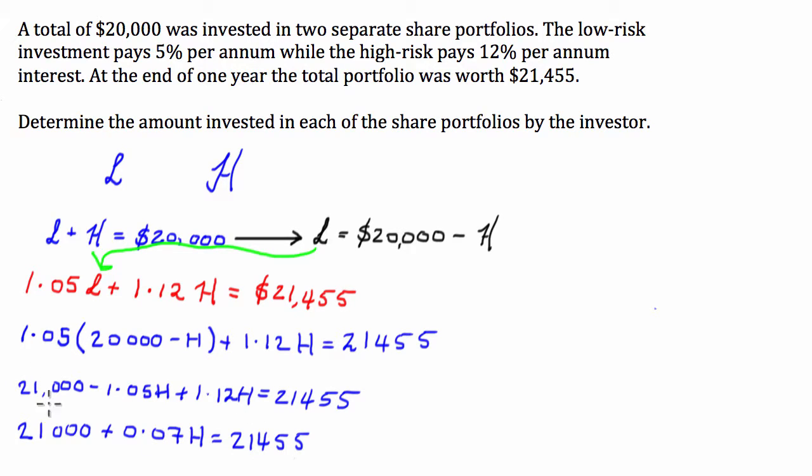Now, once I've done this, I'm going to move the 21,000 across to the other side of the equality.